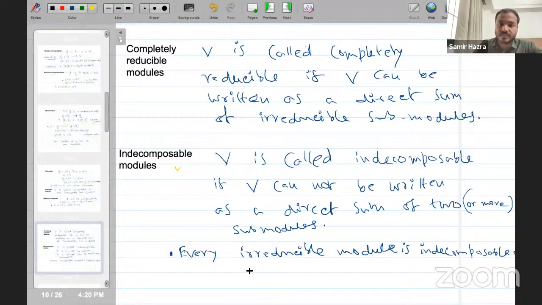It is clear that if a module is irreducible, then it has no proper submodules, and therefore there is no option of writing V as a direct sum of two submodules. So if it is irreducible, it must be indecomposable. But the other way is not true. There may be some indecomposable modules which are not irreducible.